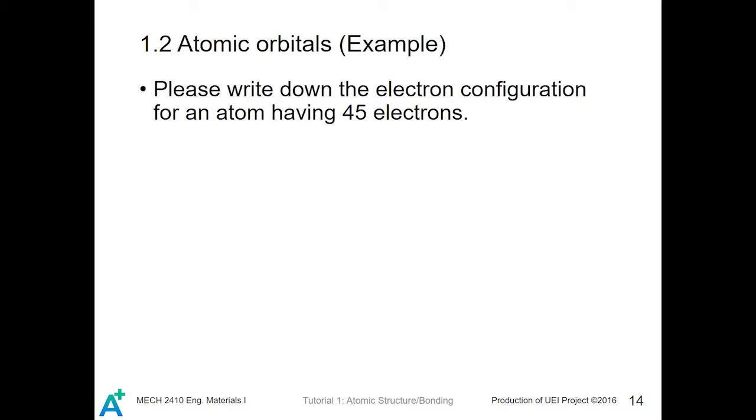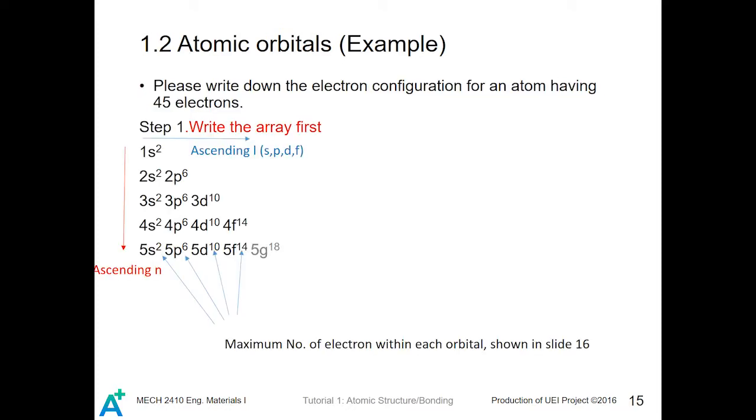Example: please write down the electron configuration for an atom having 45 electrons. First, write the matrix, or in other words, the array. How to write it? In this direction, it is in terms of ascending n. In this direction, it is in terms of ascending L. For different values of L, the type is different. L equal to 0, the type is s, and so on.